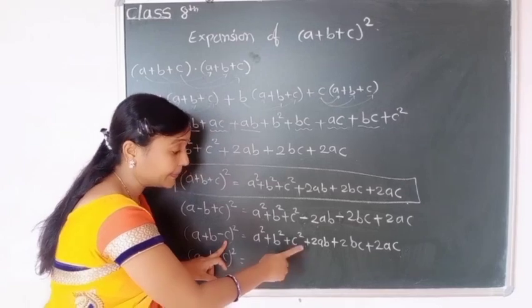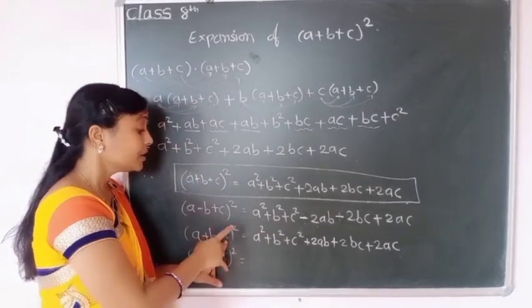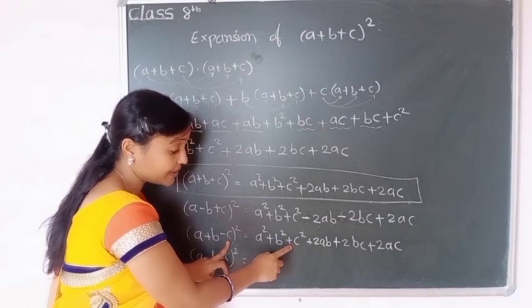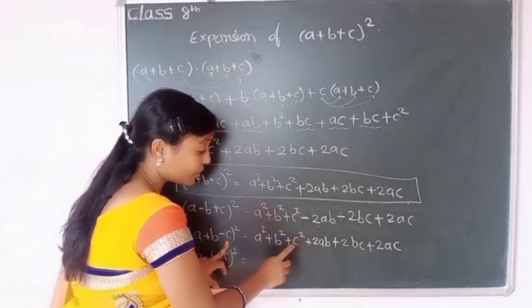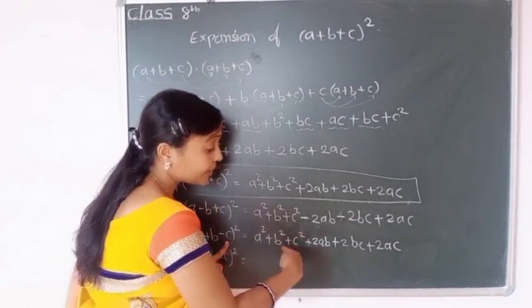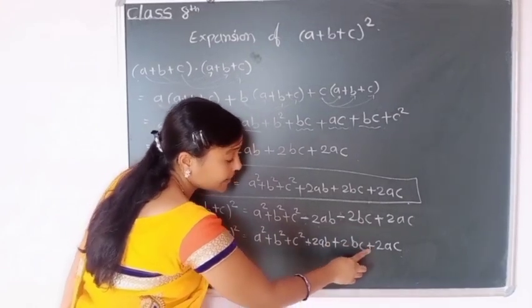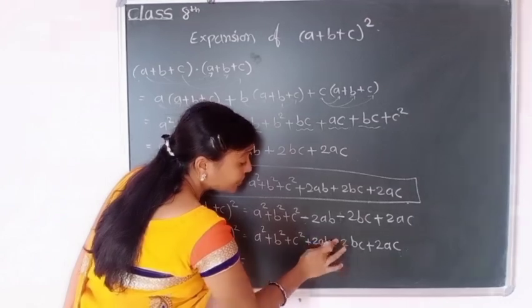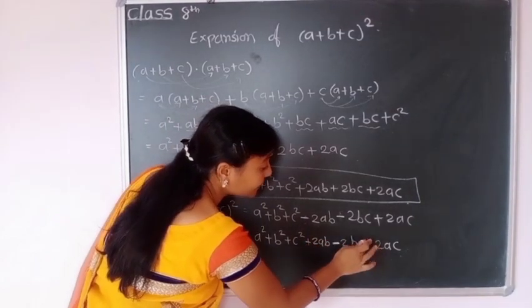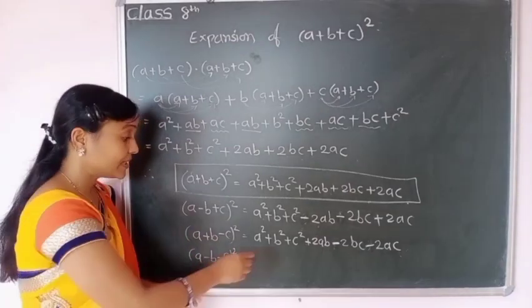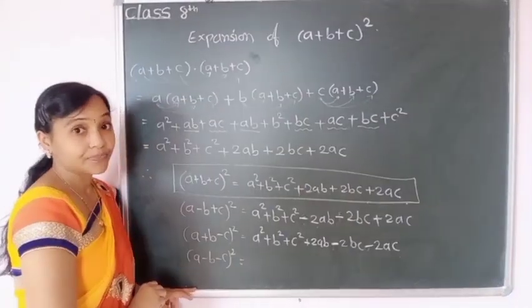Here is the c, but here is the square, and we know the square of minus is positive. So you will not change the sign of this c square, because minus minus is plus. Then where is the c term? Only one c term: here is the c and here is the c. Then you put minus and minus here. This is the shortcut of making the formula. So this is the answer of this formula.